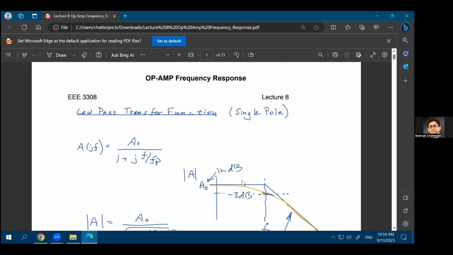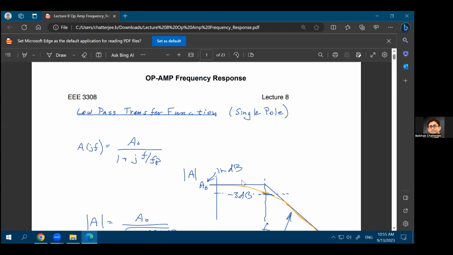And what do we mean by poles and zeros in any kind of transfer function? If you are able to represent a transfer function in the form of, let's say, s plus a times s plus b divided by, again, this is going back to your Laplace transform, which is not part of this course.